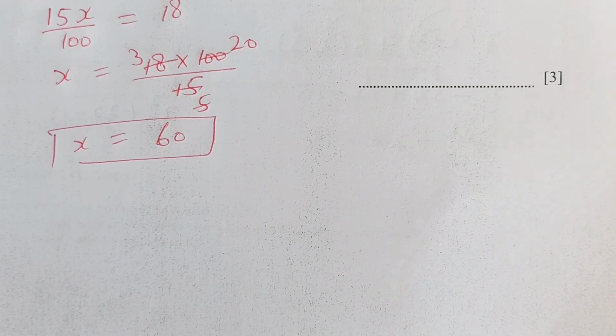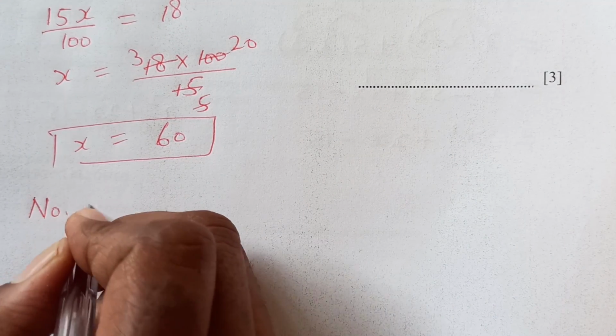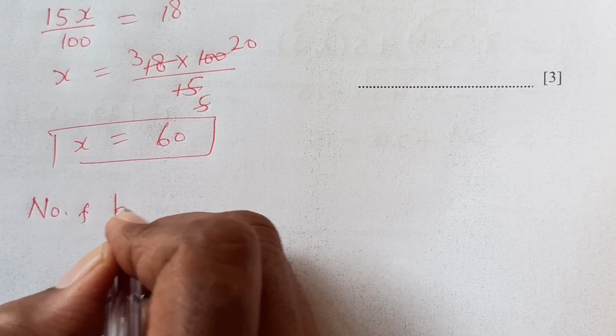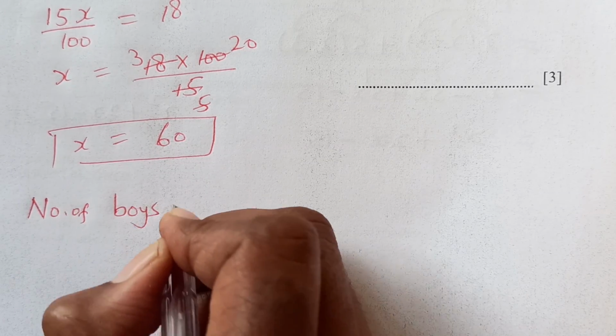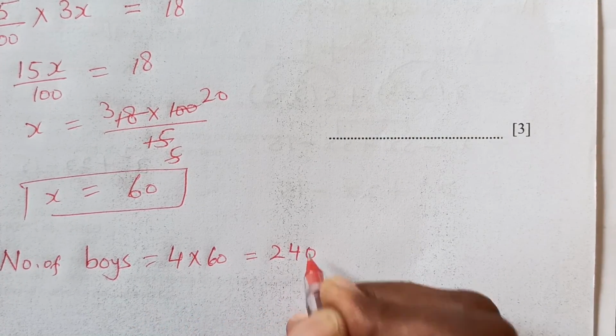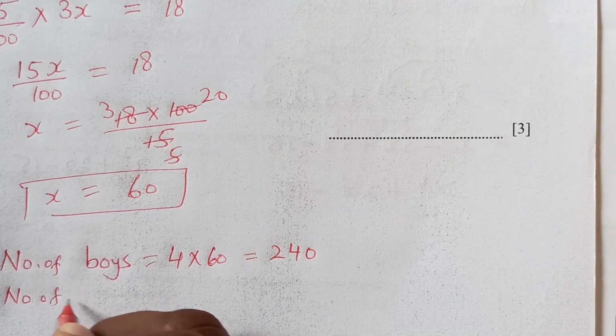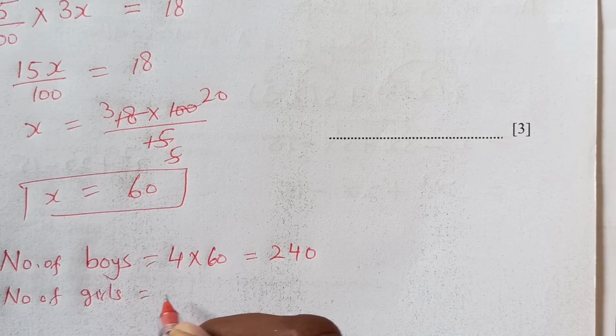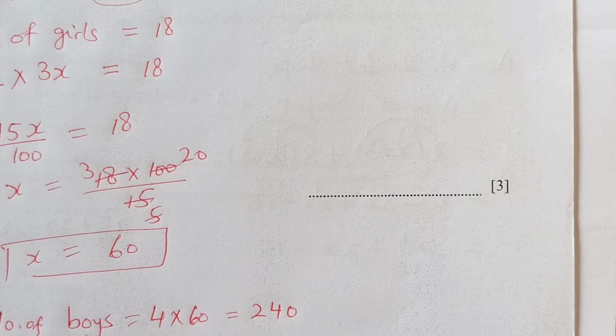So when x is 60, then we have the number of boys. Number of boys is 4x, 4 times 60, 240. And then number of girls is 3x, that is 3 times 60.